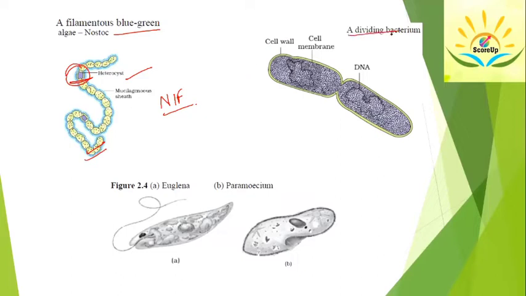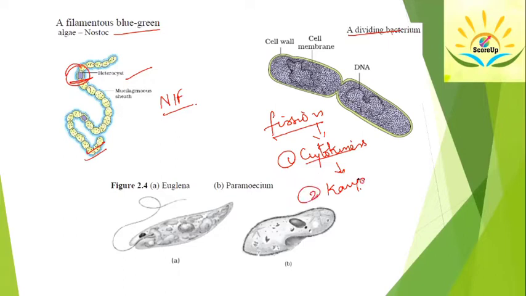The next diagram is a dividing bacterium, that is, fission. In fission, cytokinesis is followed by karyokinesis. Kinesis means division. First is division of cytoplasm, then the second step is karyokinesis, division of nucleus.